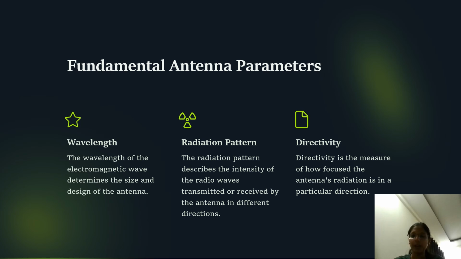Directivity is a measure of how focused the antenna's radiation is in a particular direction. Directivity is nothing but, in one direction, how focused it is and how much intensity it has.